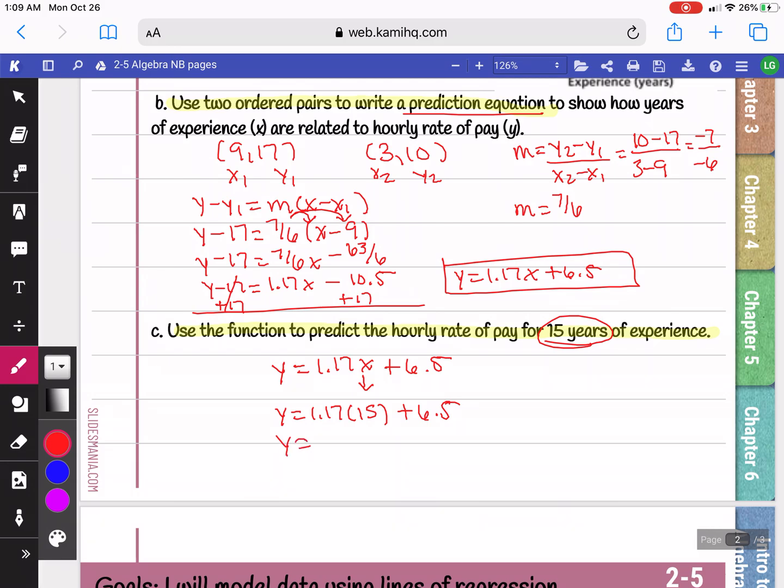So I'll do 1.17 times 15. That comes out to 17.55. And then I can add 6.5. That comes out to 24.05.